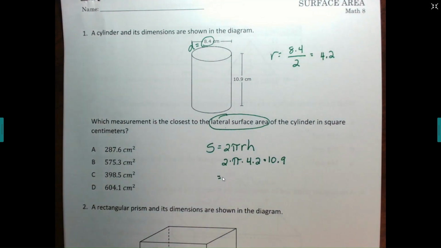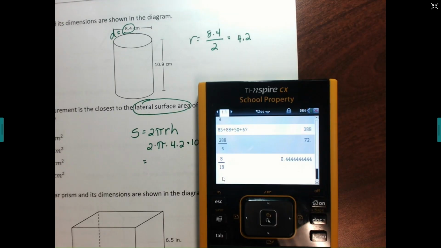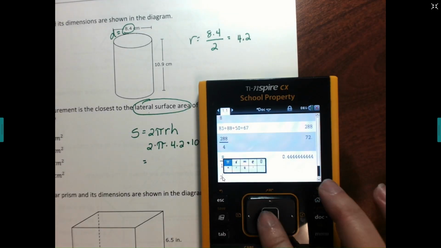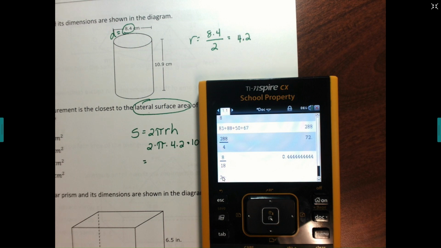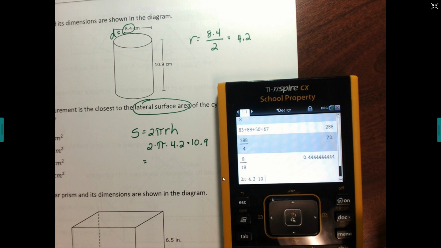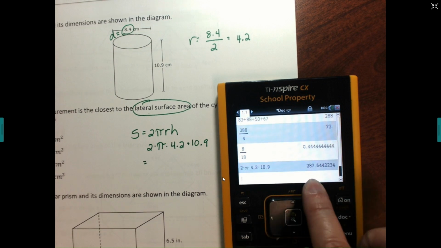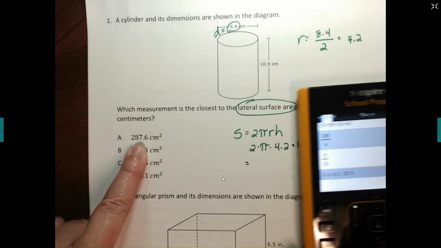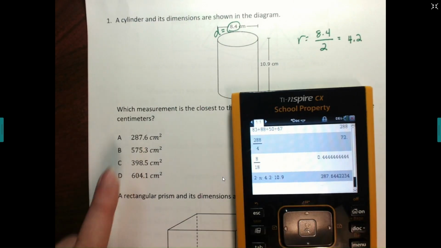Anybody have it? Nobody has it yet? Here we go. 2 times pi times 4.2 times 10.9. I get 287.64. So 287.6.